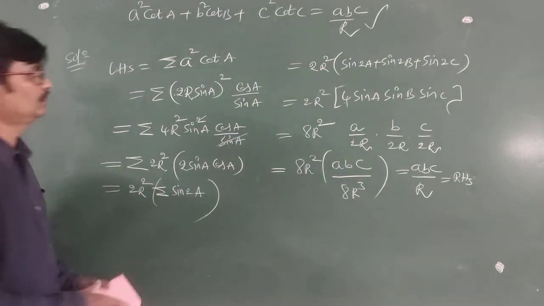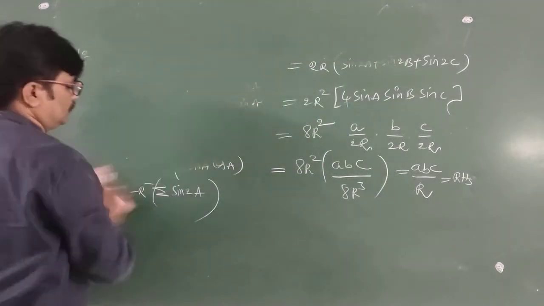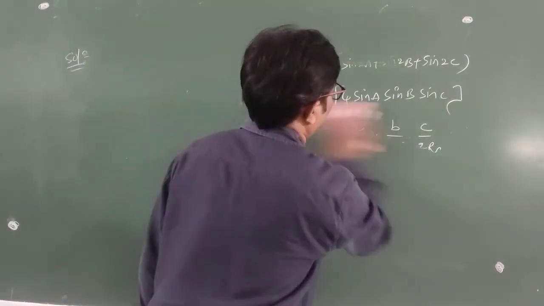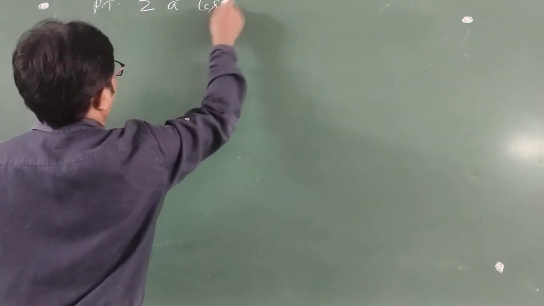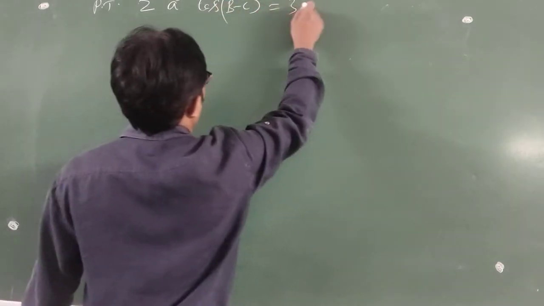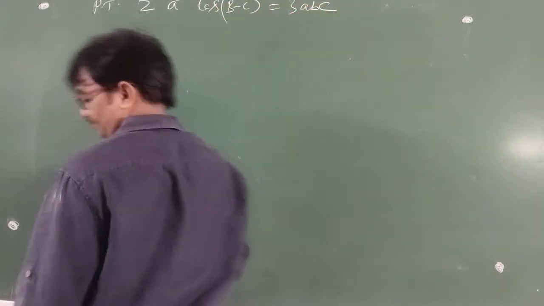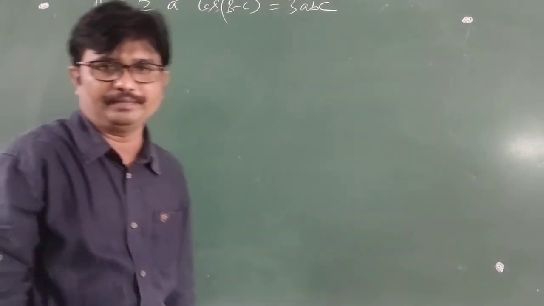Now students, one of the important ones. Prove that sigma a cube cos of (B minus C) equals 3abc.